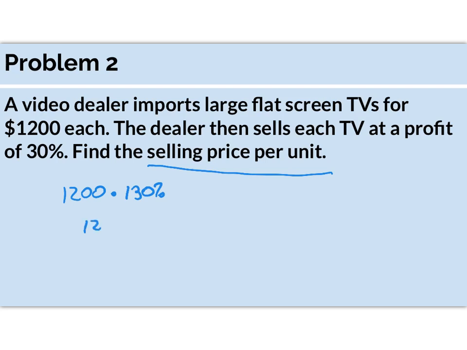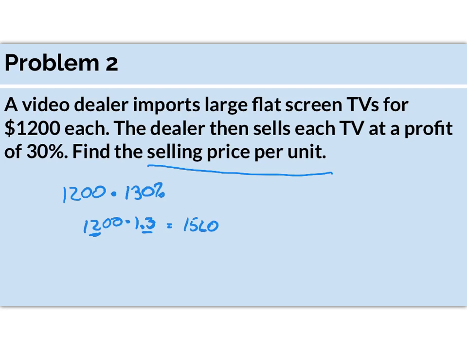And so 1,200 times 1.3, and we can see we have 12 and 13 here. So 12 times 12 is 144, plus another 12 is 156. So that'll be 1560.